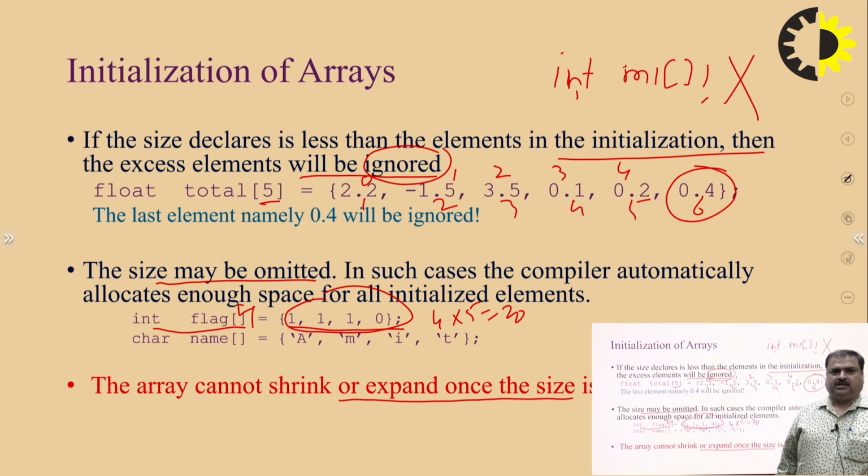So this is the shortcoming or disadvantage of arrays. For that purpose, different languages provide different data structures that can grow or shrink. In C also there is a provision for doing so, with the help of pointers and dynamic memory allocation, which we will discuss in coming lectures.